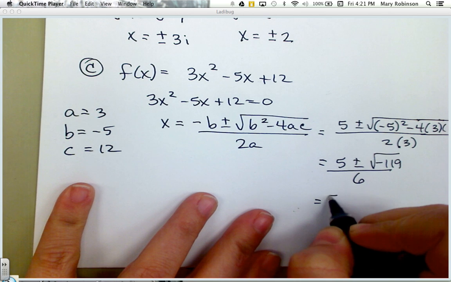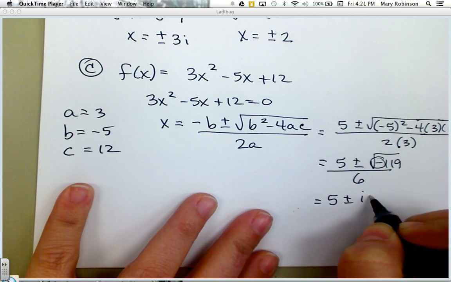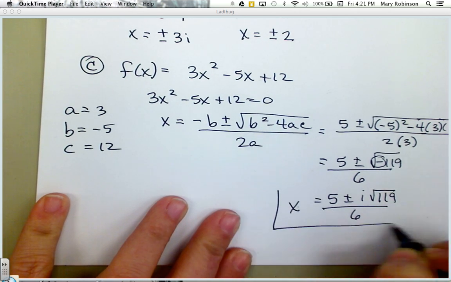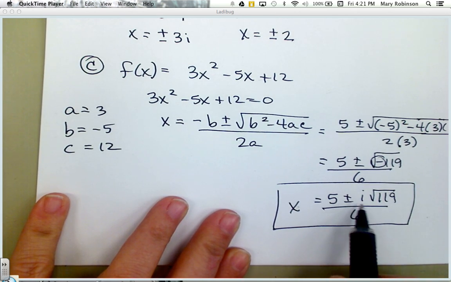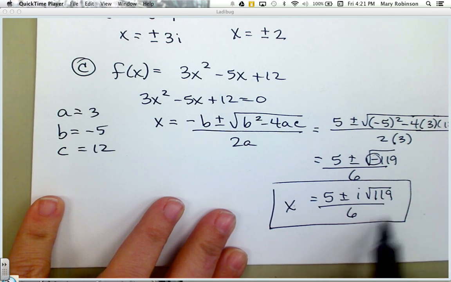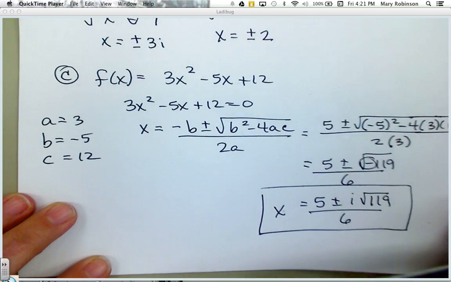So the most we can do is, because we have a negative here, put i in front. And these are our solutions. That's 2 of them: 5 plus i square root of 119 over 6, and 5 minus i square root of 119 over 6.